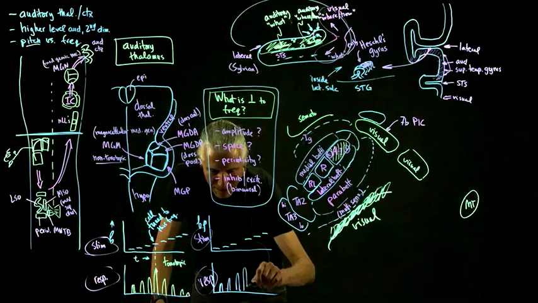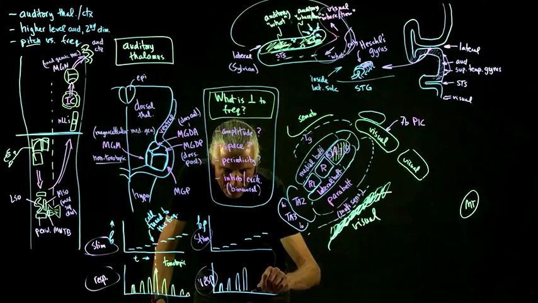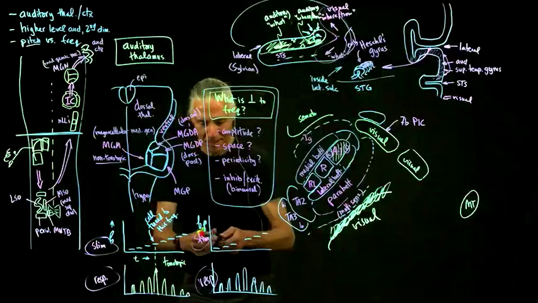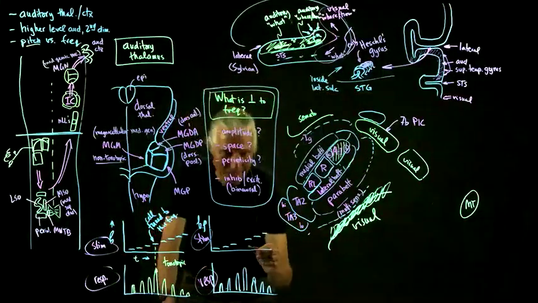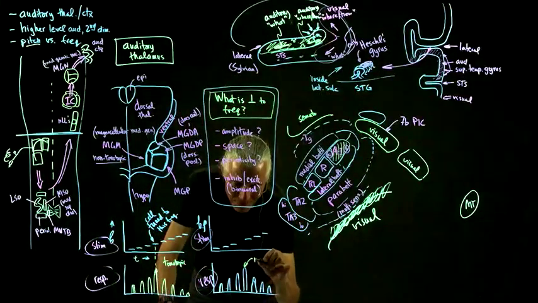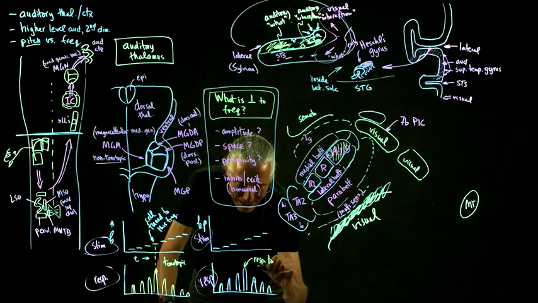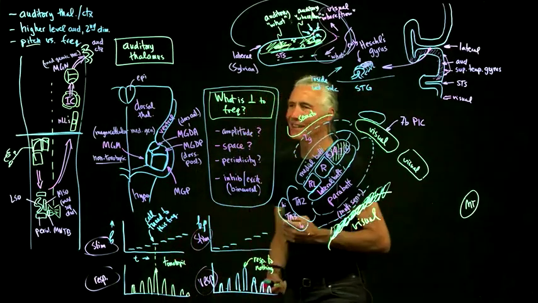There's a good response there to nothing, and then it starts to fall off again when you get the real tones. So this is a response to nothing in an anesthetized animal, because it was kind of expecting something to be there.